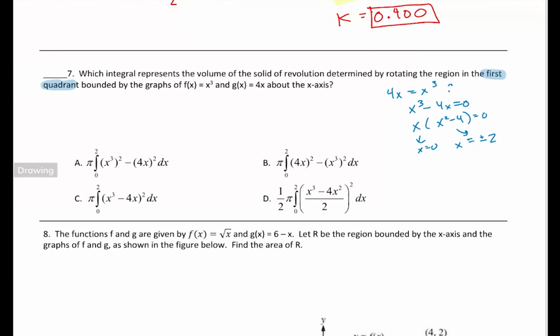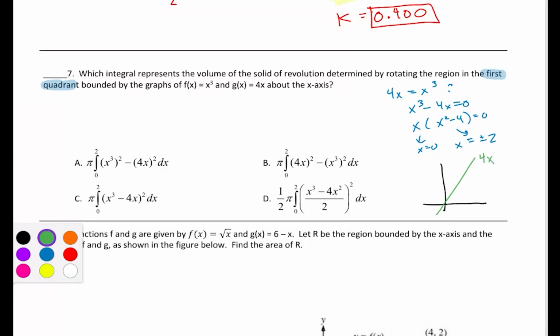We can throw this into Desmos just to verify, but I think what's going to happen here is we're going to have our 4x, which is going to be a steep slope here. And then you've got your y equals x cubed doing something like this, right? So we've got this intersection point here at 2.